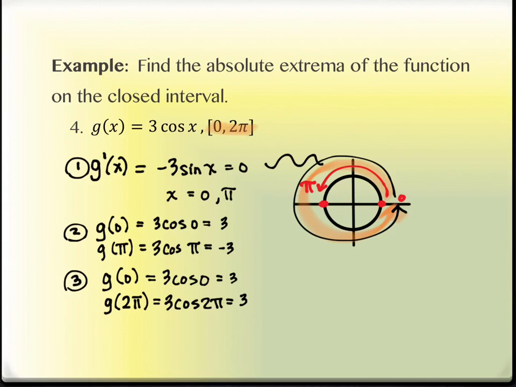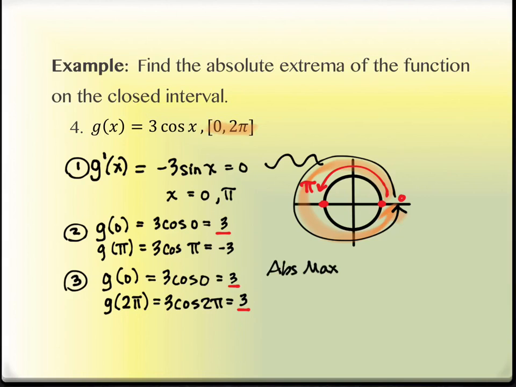So considering all of these values, these 3 are all maximums. We can write this down in the other notation this time, not the ordered pair notation. This is an absolute max. Hang on, I didn't write absolute, so just for clarity, I'll put that in there.